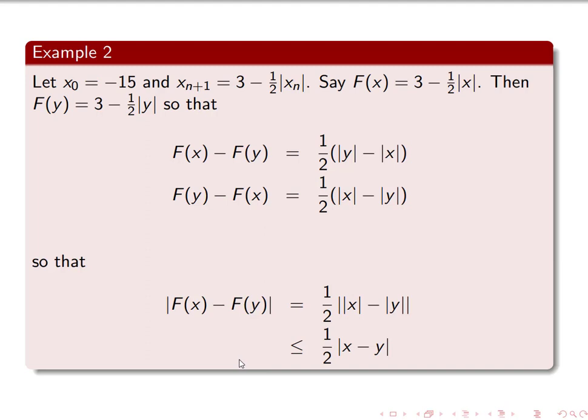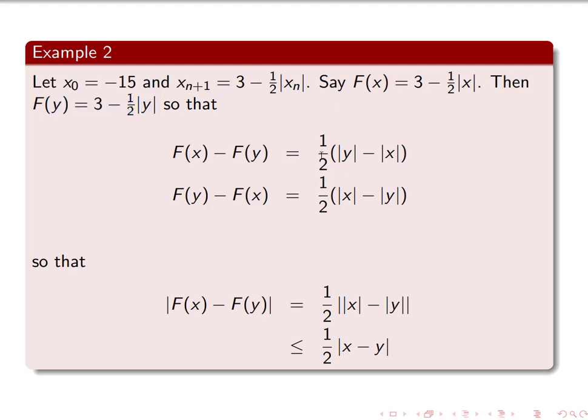Okay, so let's look at an example here. Let's take x_0 as negative 15 and define x_{n+1} equal to 3 minus 1/2 of the absolute value of x_n. So looking at this, I can say, hey, let my function f of x be equal to 3 minus 1/2 the absolute value of x. Replace the x with the y, and let's see what this is.